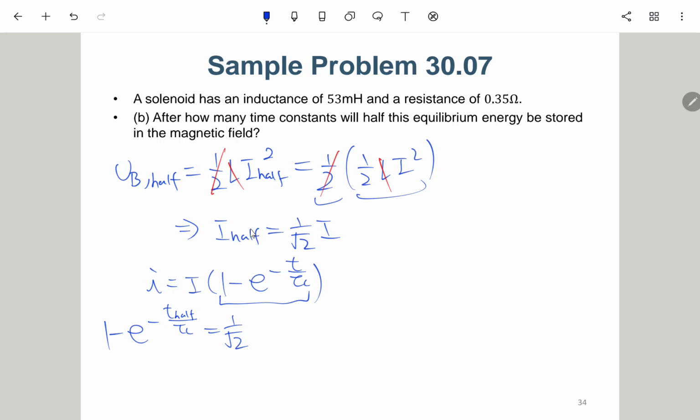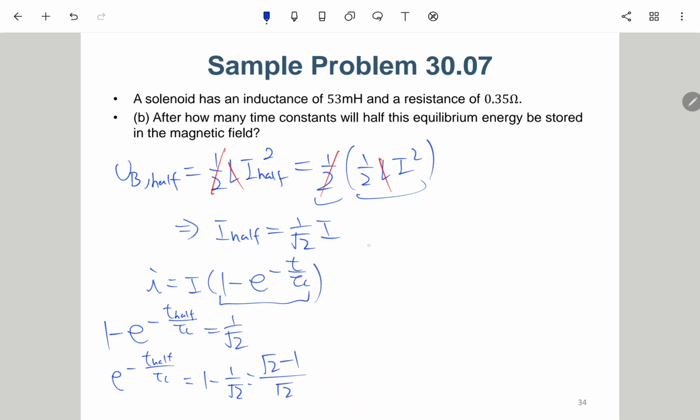Which means we would like to have this I to be I half, so t will be t half. If I is I half, it is actually 1 over square root of 2 I, so I and I cancel. So we can have exponential to negative t half over tau L will be 1 minus 1 over square root of 2, which is square root of 2 minus 1 over square root of 2.